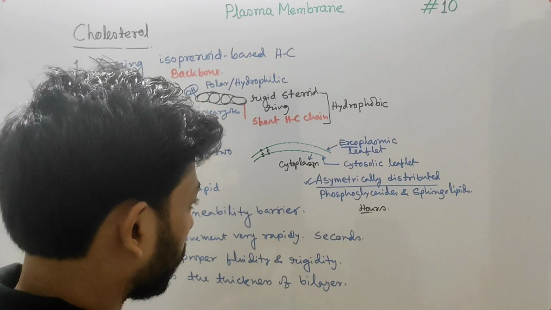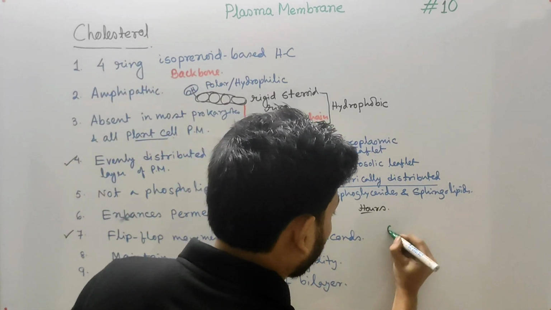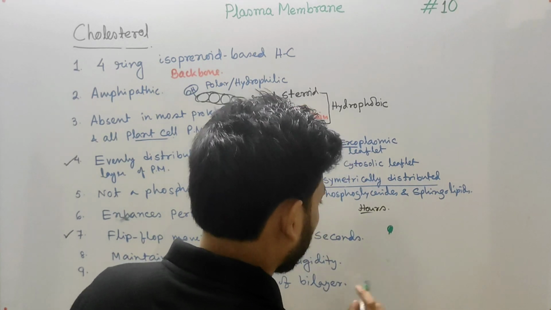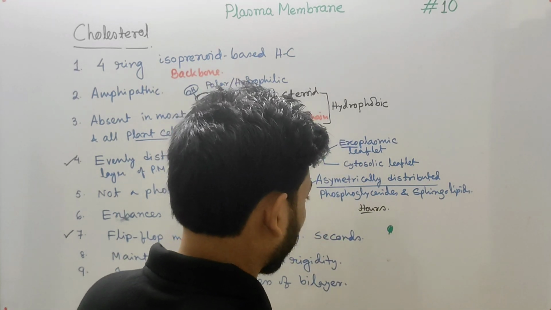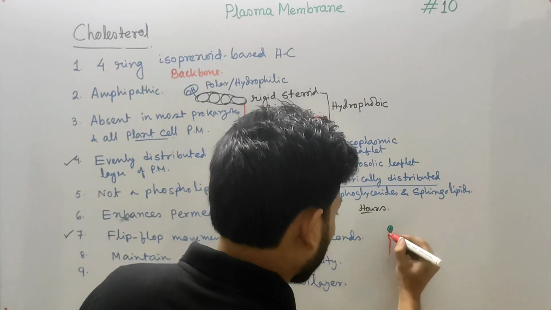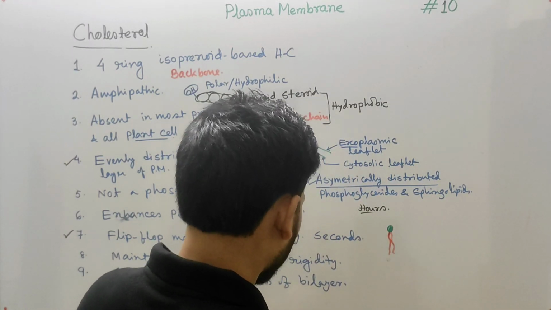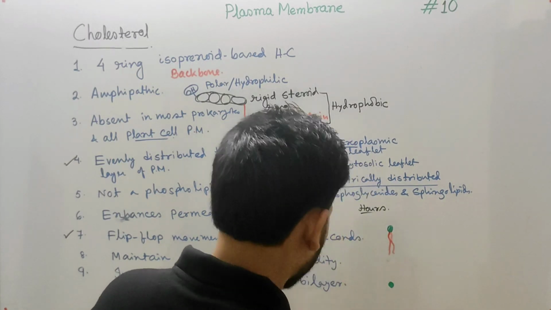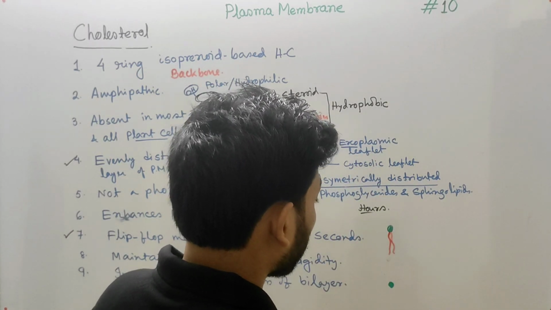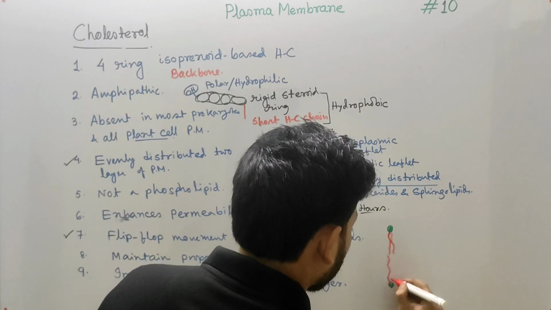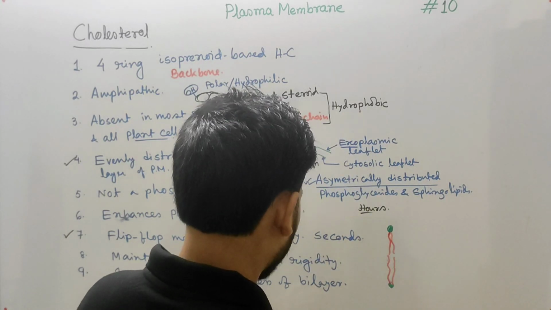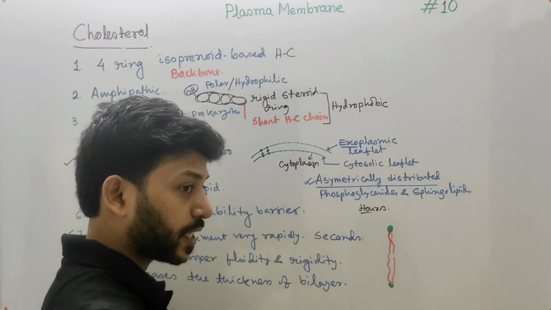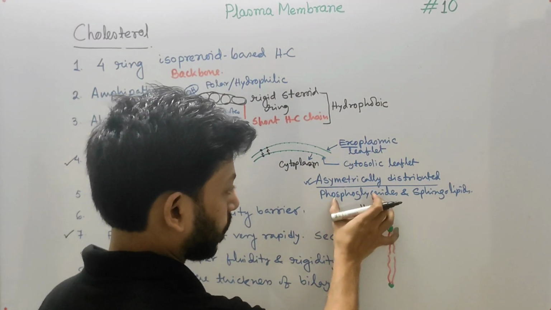Let's suppose this is a phosphatidylcholine. Let me draw the fatty acid tail in red. And this is the bilayer. What does it mean? Bilayer means this is the lipid bilayer. Phosphatidylcholine is a lipid molecule under the phosphoglycerides.